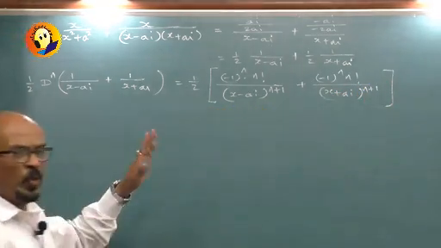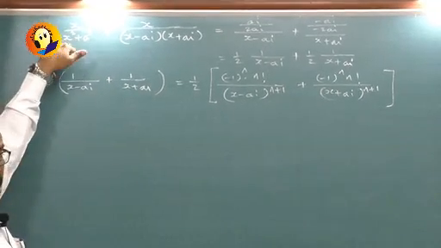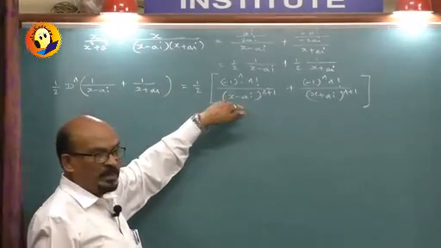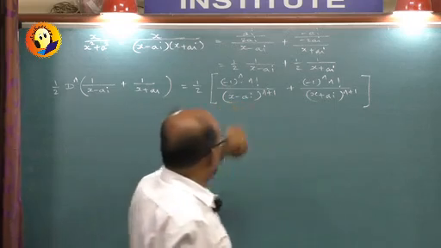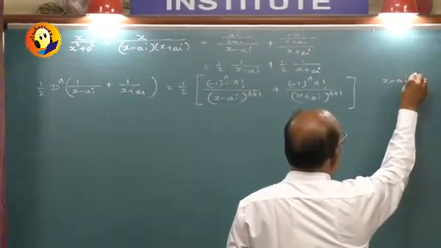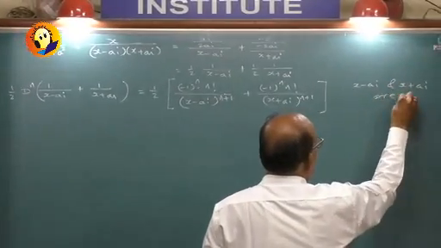Actually problem is over here itself. Only thing is, because the given expression doesn't contain i, rest of the efforts will be just to eliminate that i. So I can say that x minus ai and x plus ai are conjugates.